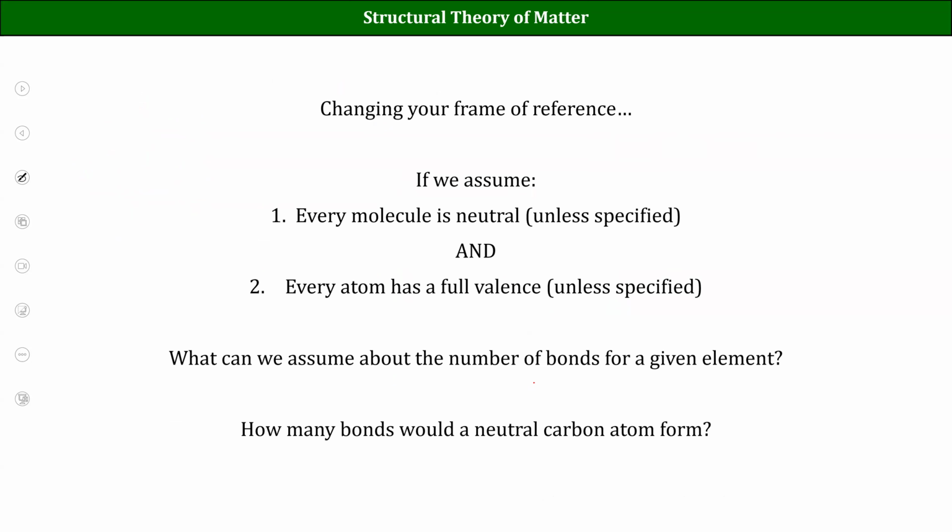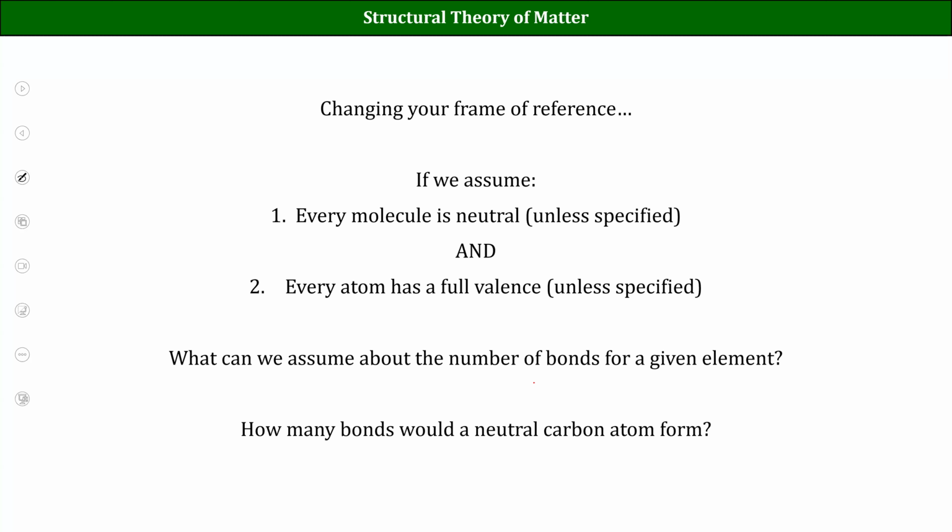So here's the slide on that. If we assume every molecule is neutral unless otherwise specified, that also means every atom in that molecule is neutral unless otherwise specified. And we also assume every atom has a full valence unless otherwise specified, because otherwise it's not stable. So we're assuming stability with these structures.